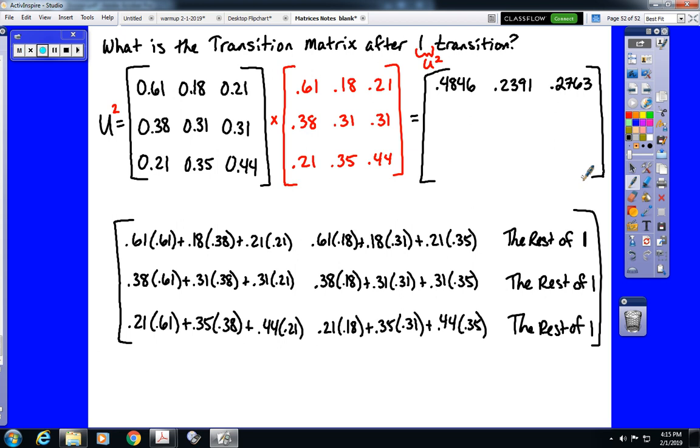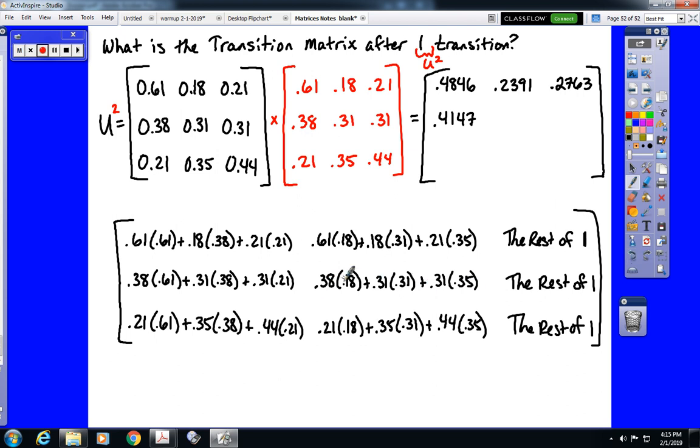Our second row, we're going to start with 0.38 times 0.61 plus 0.31 times 0.38 plus 0.31 times 0.21. That is 0.4147. Row 2 times column 2, this set of numbers here.